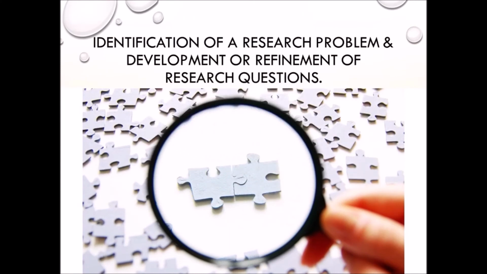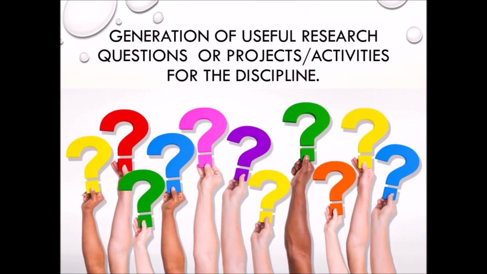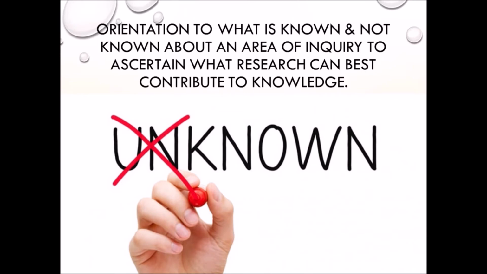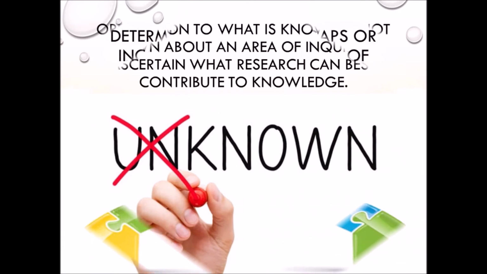Review of literature helps us in the identification of the research problem and the development or refinement of research questions. It helps us generate useful research questions or project activities for the discipline. It gives orientation to what is known and what is unknown about an area of inquiry, to ascertain what research can best contribute to the knowledge.